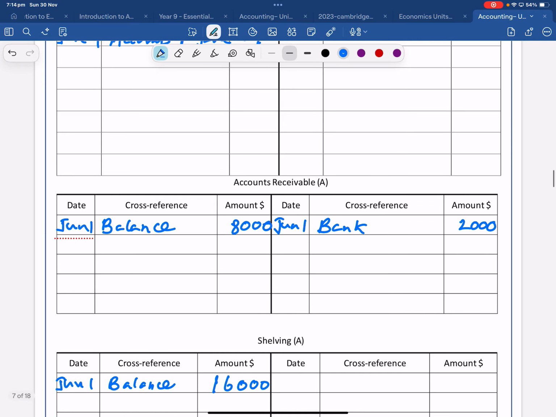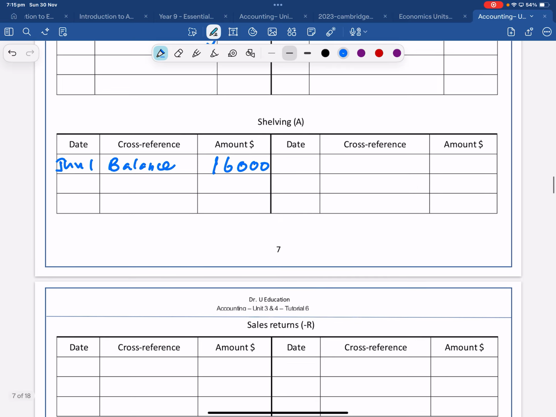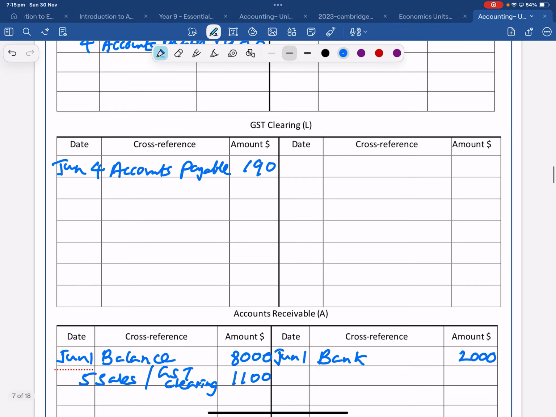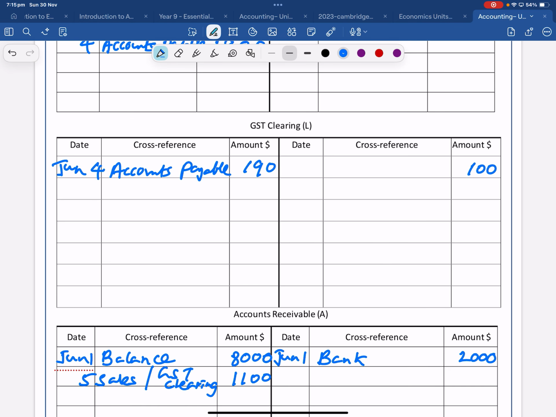Right, accounts receivable, guys. You debit 1100 June 5th, saying, what do we say, Krishan? Sales dash GST. Right. Then GST clearing is credited June 5th, saying accounts receivable.